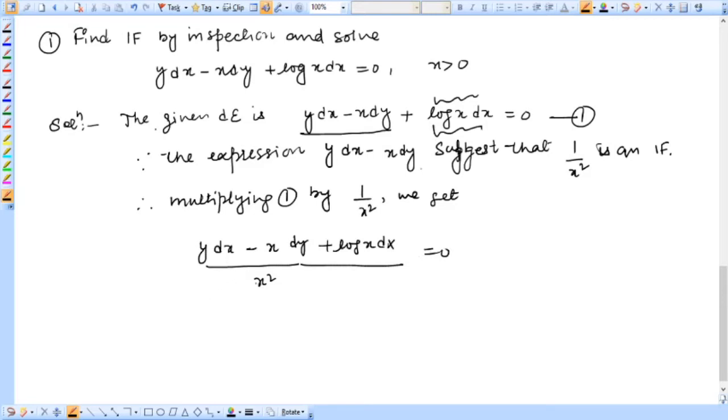So now separating these terms: (y dx minus x dy) upon x square plus (log x over x square) dx is equal to 0.